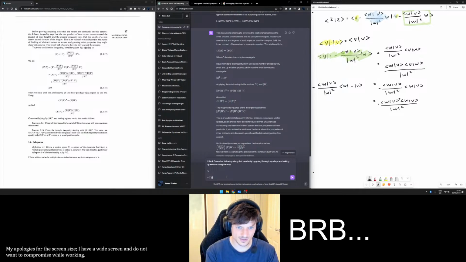Z is equal to V minus W V divided by W power 2 W, and then V minus that WV divided by magnitude of W power of 2 W. So let's just double check this.